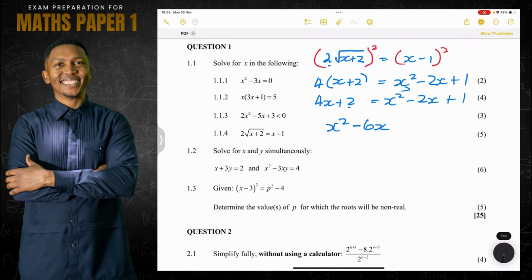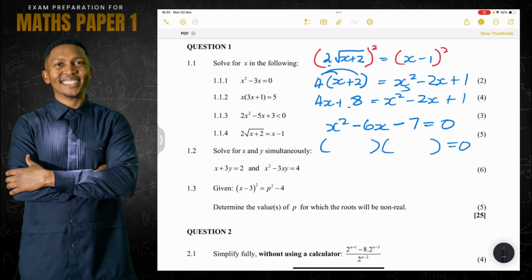Ooh, you see, we really need to be careful there. So that's 4 times x, which is 4x, and that's 4 times 2, which is 8. Okay, right, so which will give us x squared minus 6x, right? And we've got on the other side 1 minus 8, which will give us minus 7, and that will be equal to 0.